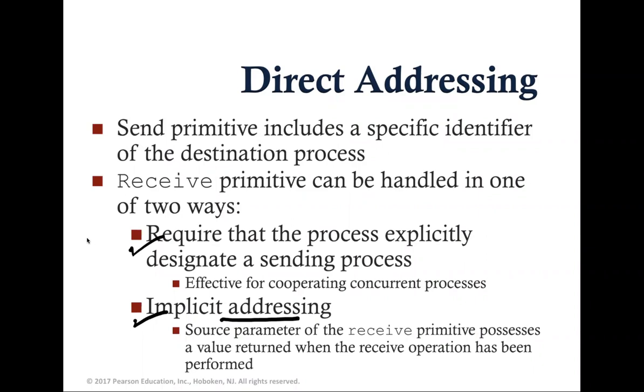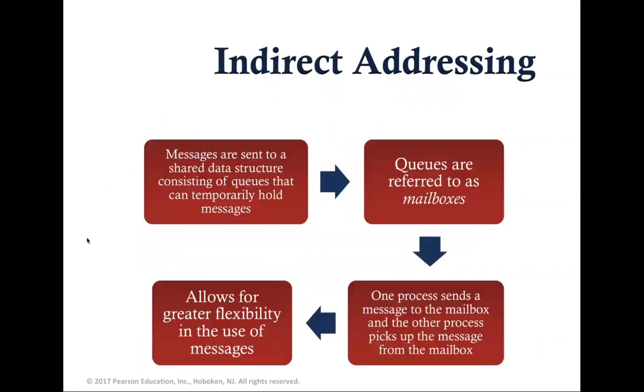On the other hand, the other general approach is indirect addressing. In this case, messages are not sent directly from sender to receiver, but rather are sent to a shared data structure consisting of queues that can temporarily hold the messages. Such queues are generally referred to as mailboxes.